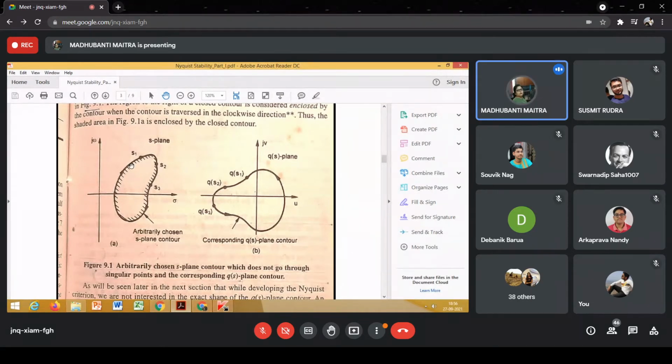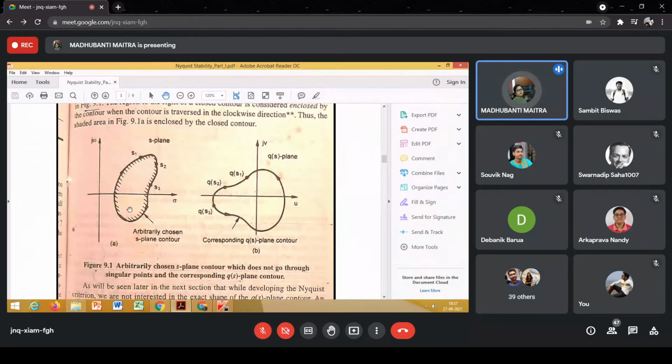Is it clear? Yes, ma'am. Similarly, while I'll be moving in this particular direction, this area will lie to the right of this contour. So we'll traverse along this closed contour on the S plane in the clockwise direction, and in the process we'll shade the region lying to the right of this contour.